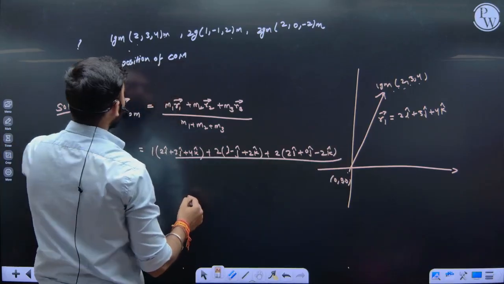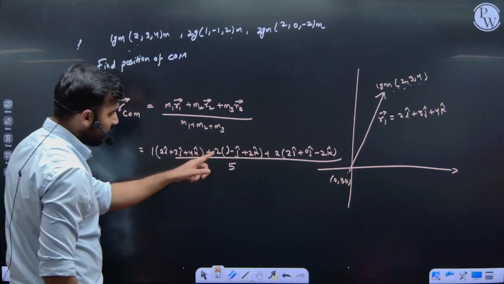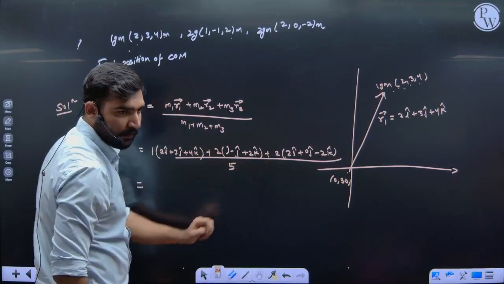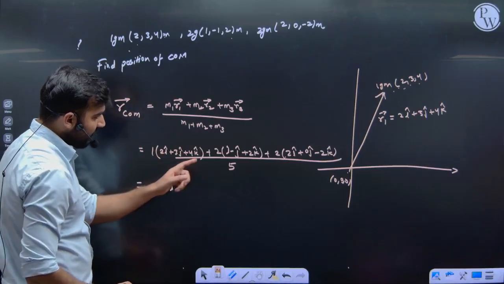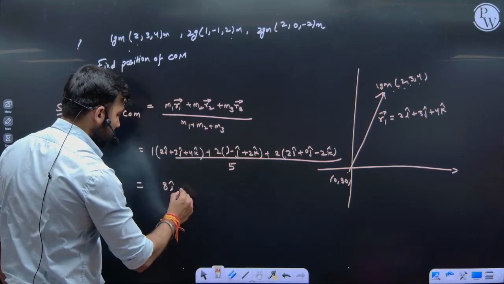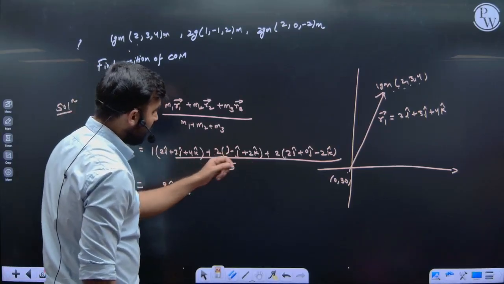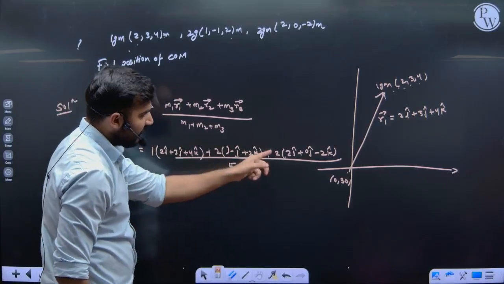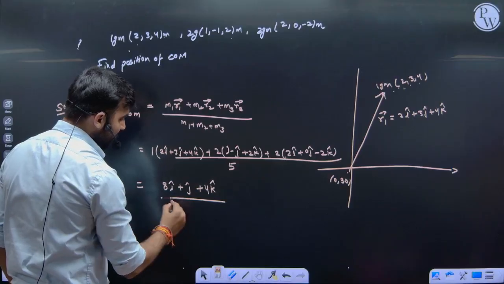Total mass 1 plus 2 plus 2 means 5. So 2 i cap, 2 i cap, 4 i cap and this is also 4 i cap, so I can write 8 i cap. 3 j cap minus 2 j cap means j cap, and here 0, so that is only j cap. 4 k cap plus 4 k cap is 8 k cap, minus 4 k cap means 4 k cap, all by 5.